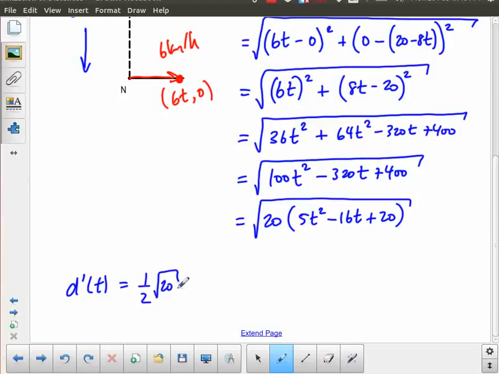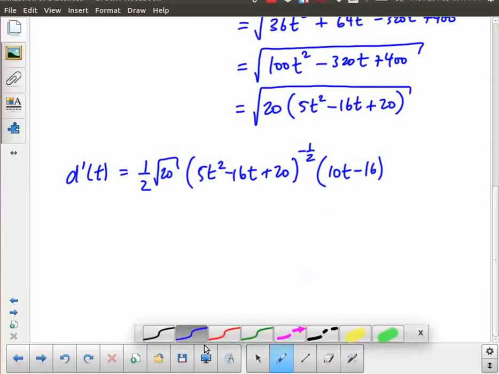That part doesn't change. So what I'm essentially doing is I'm taking that constant out right away, and now I'm going to take 5t squared minus 16t plus 20. That's now going to be the negative 1/2. And then I take the derivative of what's inside the bracket, which is going to be 10t minus 16.